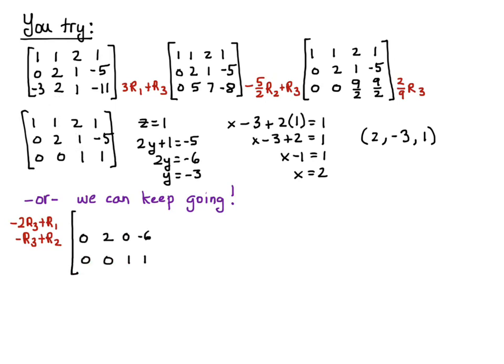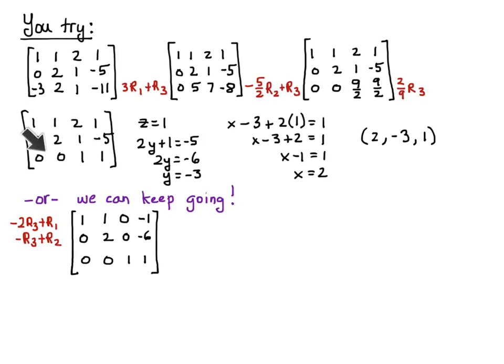For the first row, it's going to be negative 2 times row 3, and so that eliminates that to be a 0. Then I have negative 2 times 1, that's negative 2 plus 1 is negative 1, and you can see what we have here. Then for the second row, I'm taking negative row 3 plus row 2, and so this will eliminate this 1 in the second row.